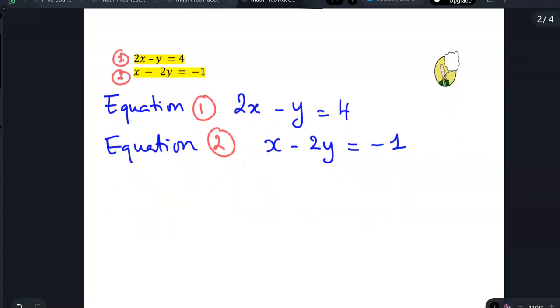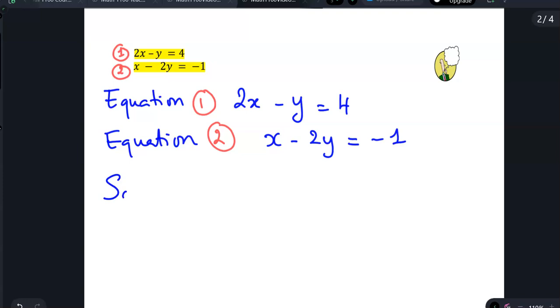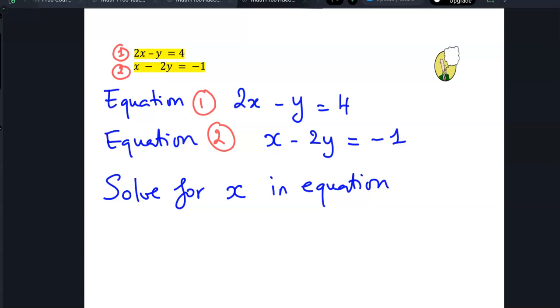So what I am going to do next is solve for x in equation number 2, or from equation number 2 I am going to solve for x.